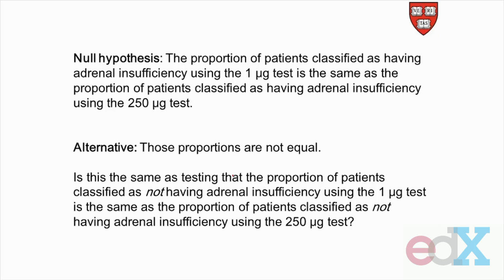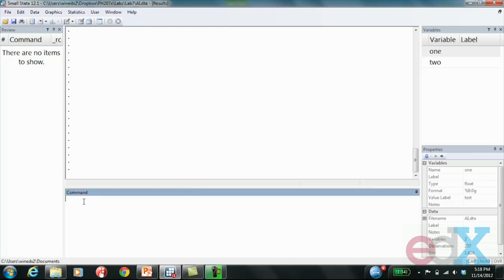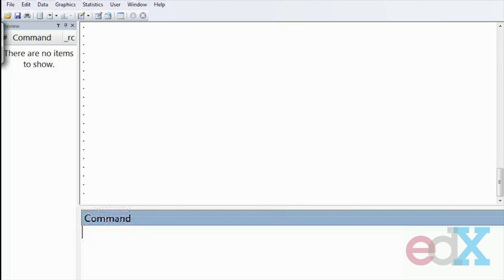So now let's go to Stata. The data are located in the AI.dta dataset. Okay, now we're in Stata. We have two variables here, 1 and 2. Let's use the tabulate command to look at our data. Type in tabulate 1, 2.